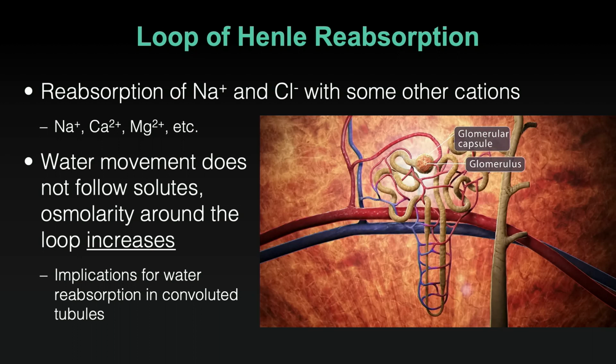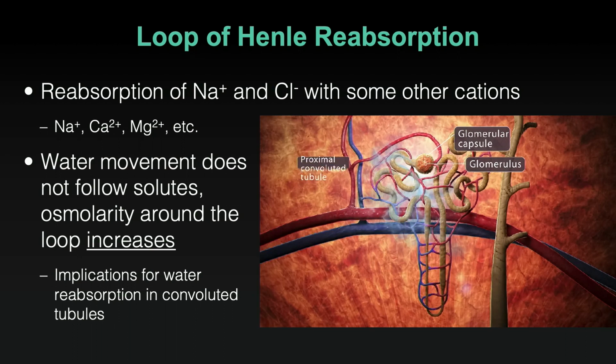Chloride moves as well, but water does not follow suit. And so what happens, unbeknownst to us, outside of our control, is that concentration goes up. There are more ions in the same amount of space. And this is the basis for the countercurrent mechanism that we don't know anything about yet.